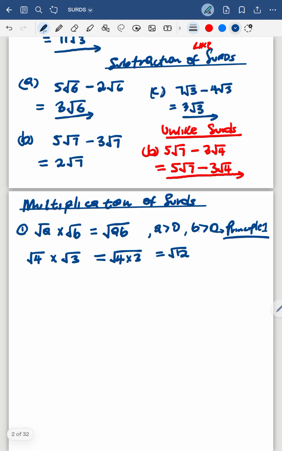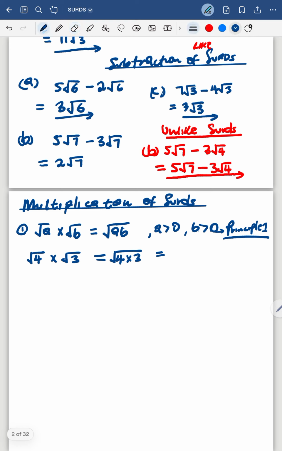If you can use your calculator, you can multiply root 4 by root 3 and get root 12, but then we're going to simplify it further in this case.